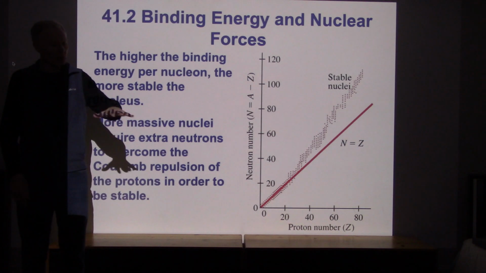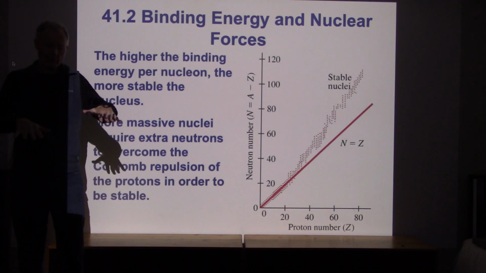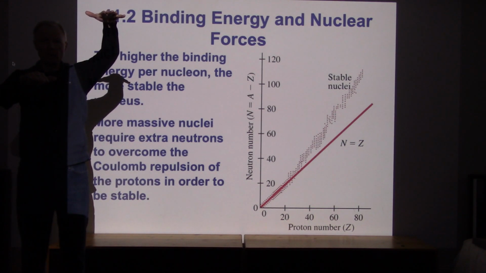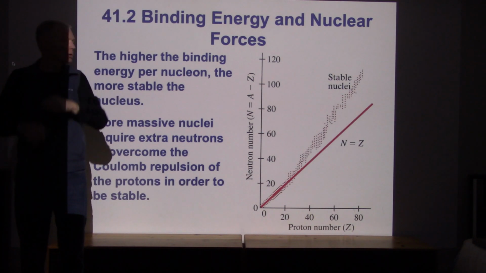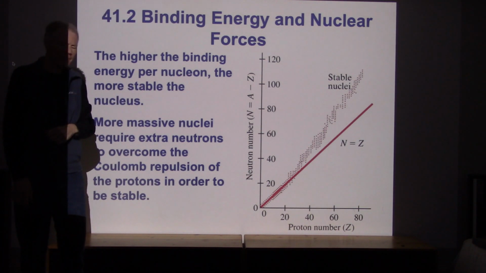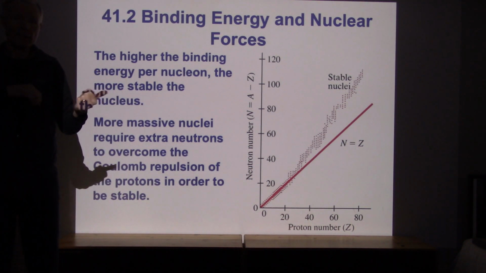So if there's a bunch of lower energy states on the proton side, neutrons can turn into protons. On the other hand, if I'm building up an excess of protons, some of those protons can turn into neutrons. So that keeps the numbers similar, at least early in the periodic table.